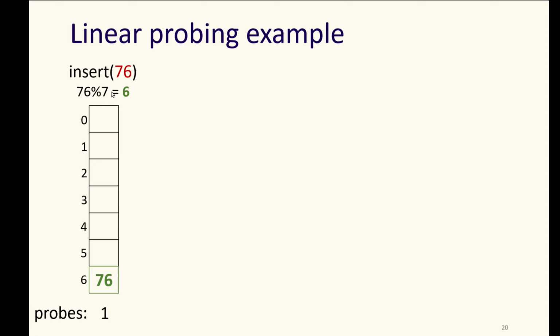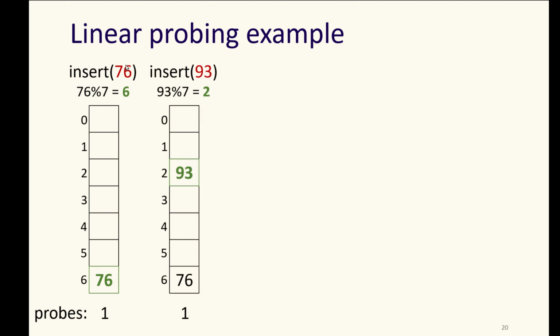There is only one probe, meaning the initial attempt there. When we go to insert 93, similarly, it maps to 2 after we do our mod. That's empty. We only need one probe, the initial attempt. We insert 40, it maps to 5. And again, 5 is empty. One probe, the initial attempt, is all we need.